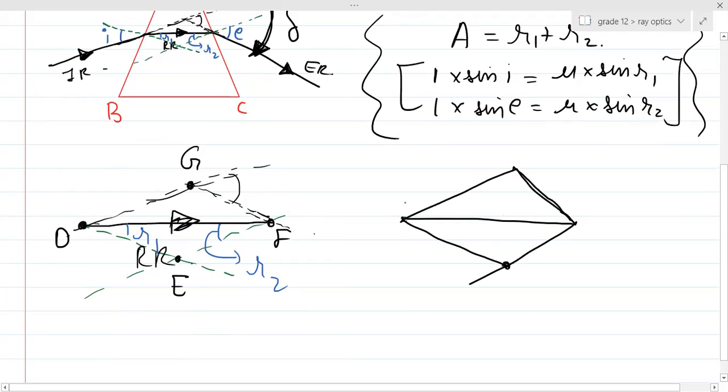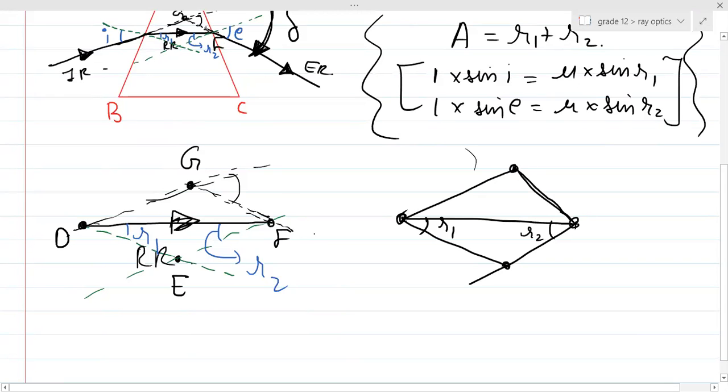Can you see these triangles, guys? Was this angle R1 and was this angle R2? Yes or no, guys? And can you see, guys, over here, this GF line was basically from here to here, right?